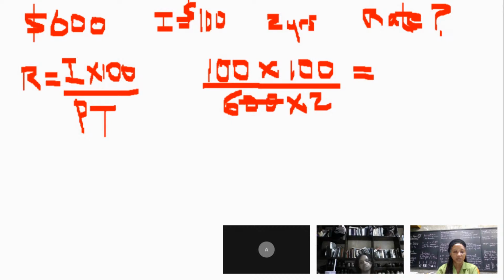So these two zeros cancel, right? Yes, miss. So 2 into 100 is 50. So it would be 50 over 6. And 6 into 50 goes 8 times, remainder 2 over 6, so 8 and 1 over 3.